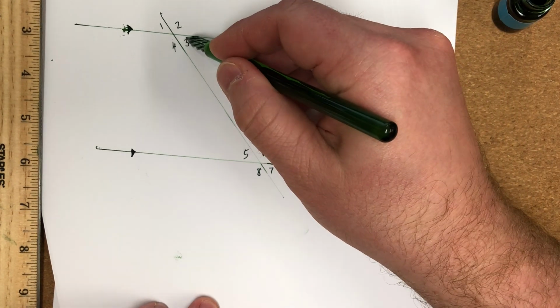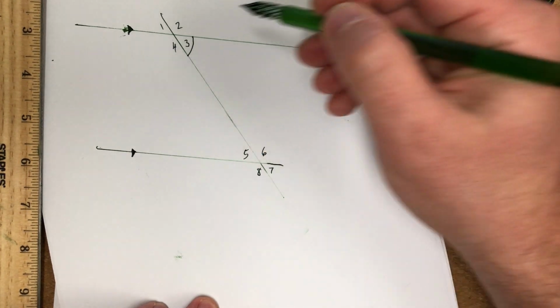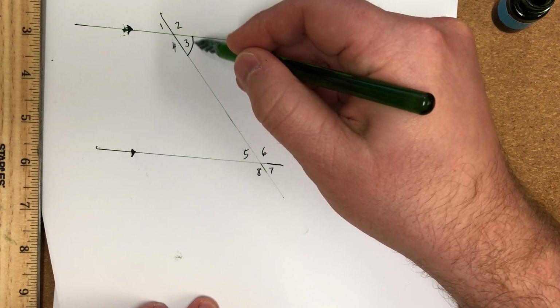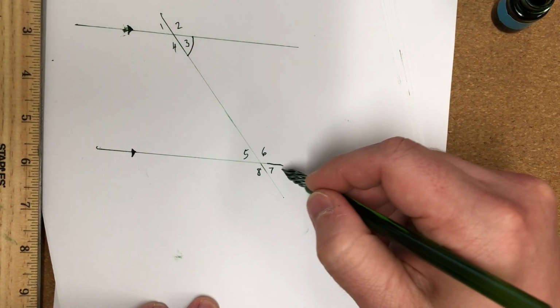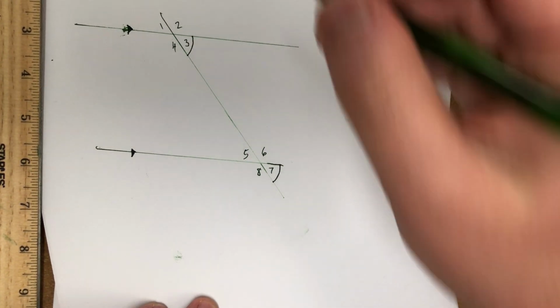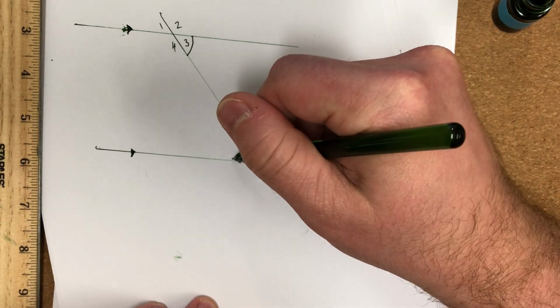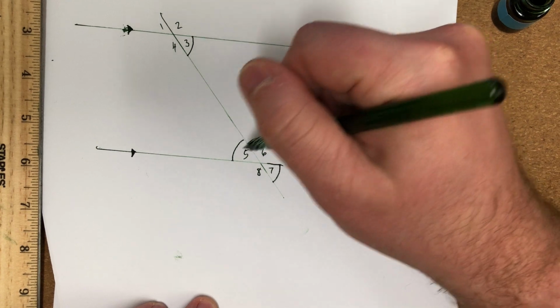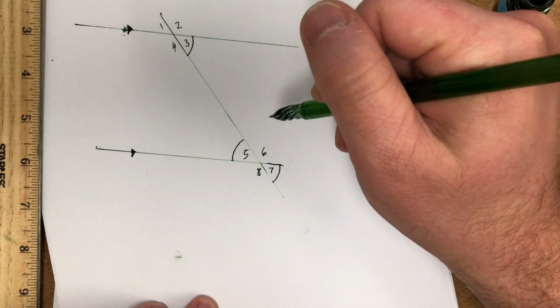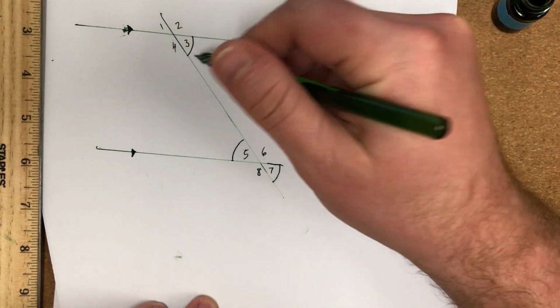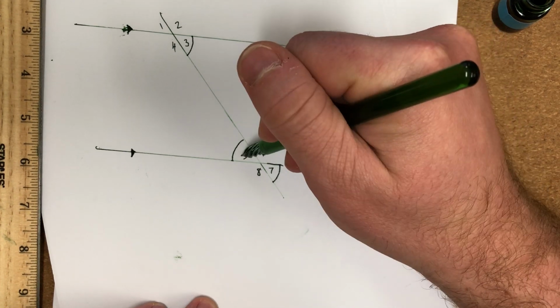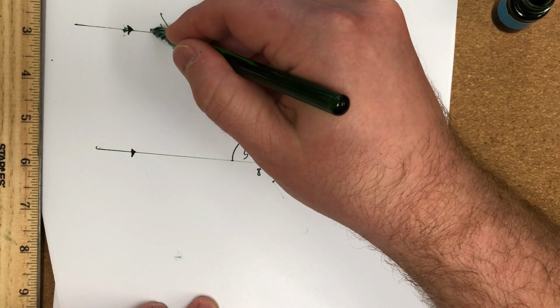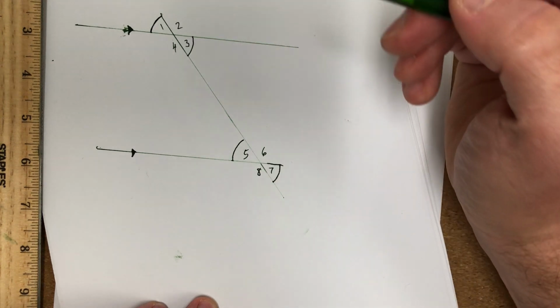So what corresponds with 3? Well, 3 is the bottom right, so that means that 7 would correspond with 3. And we could say 5 is also equivalent. It's not a corresponding angle, it's got a different name, and we'll talk about that in a minute. But 3 and 7 have the same measurement, and so does 5, and so does 1, right?